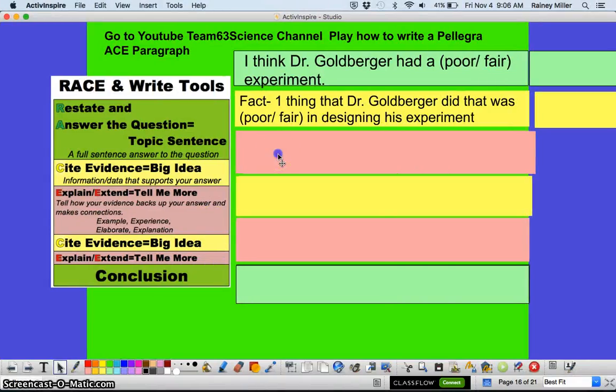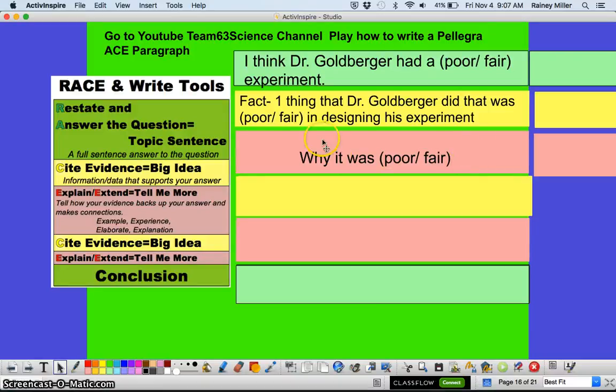So what you're going to say is why your fact was good or bad that he did. So why was it not okay that he didn't control all the variables, we'll say, even though I want you guys to make that determination. Or tell me why, what's wrong with what he did, okay? Or what's right with what he did.